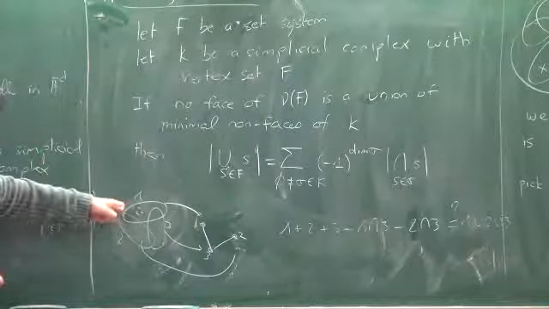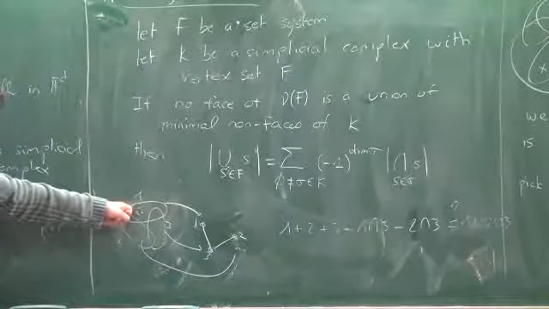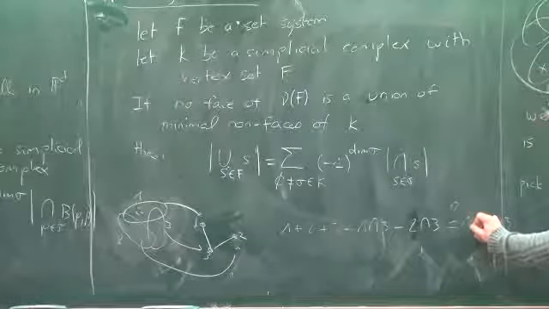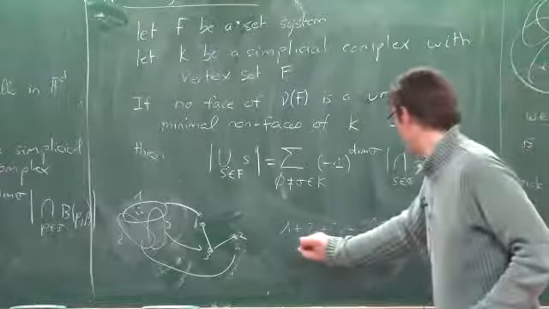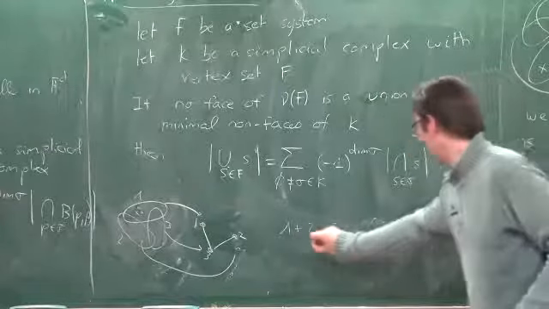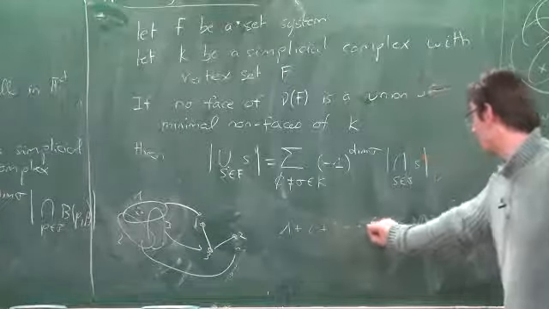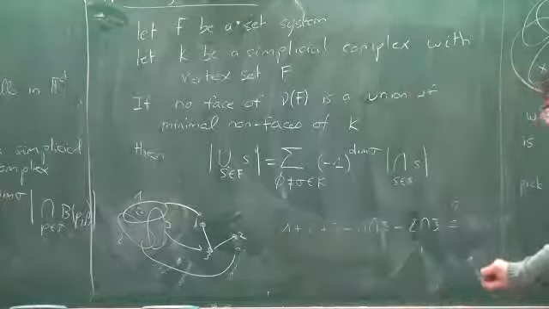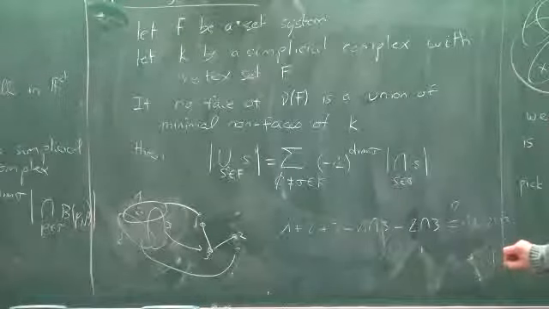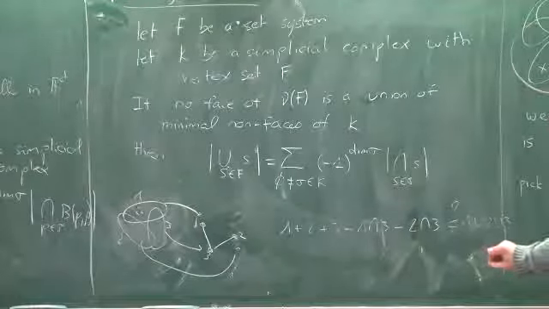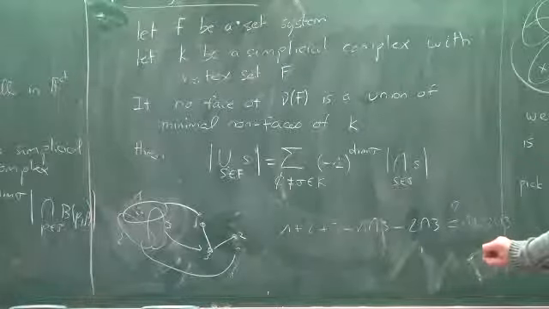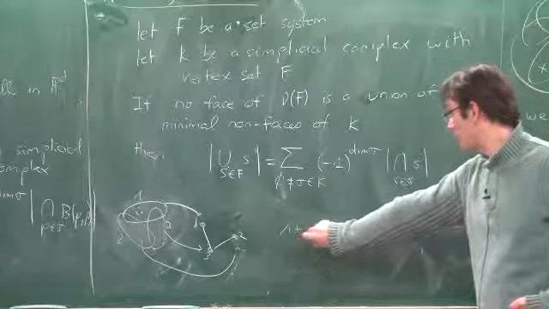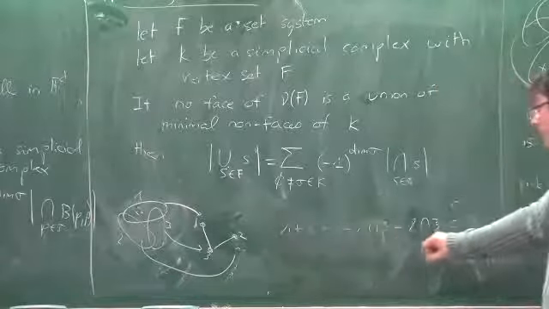So what happens here? If we evaluate it at this point, the union should be counted once. This evaluates to 0, this evaluates to 0, this evaluates to 0, this evaluates to 0, this evaluates to 1, so we are happy. Now, if we take something in the intersection of 1 and 2, this evaluates to 1, this evaluates to 1, so that evaluates to 2, but I don't compensate for it.